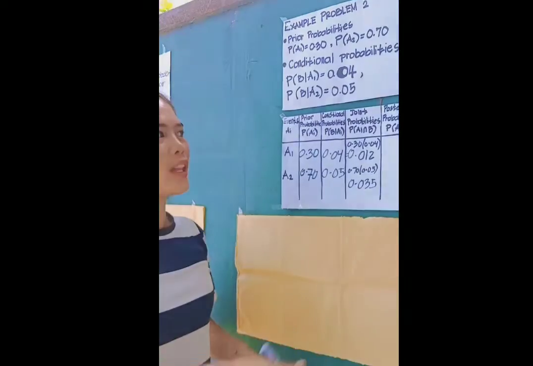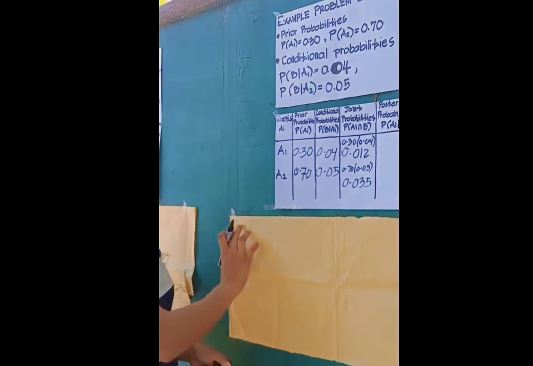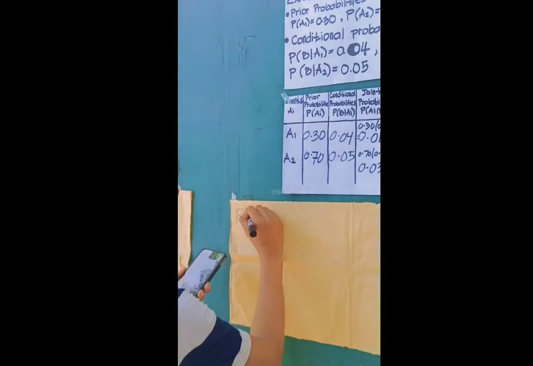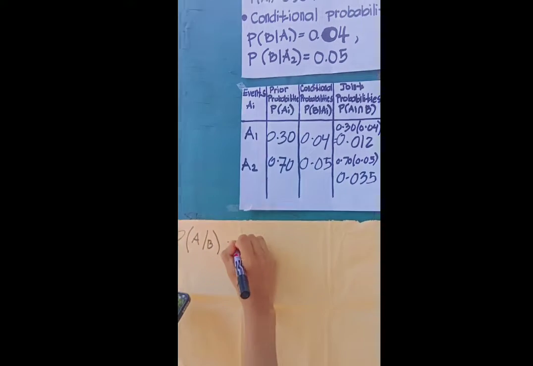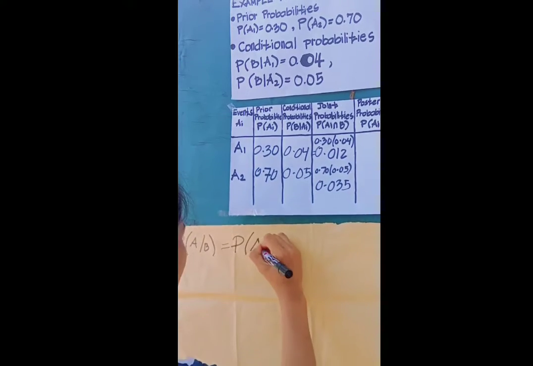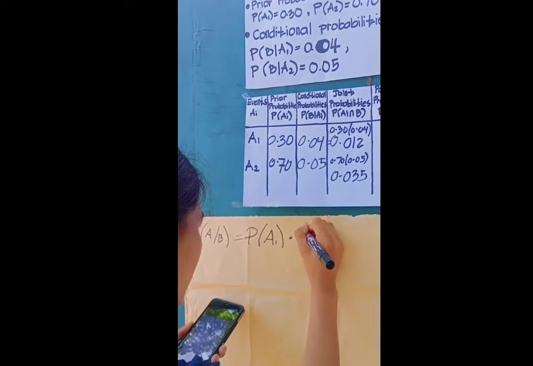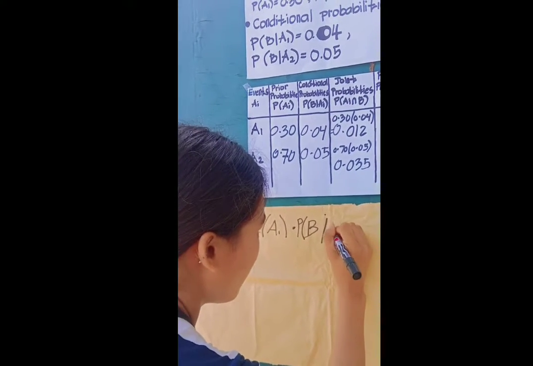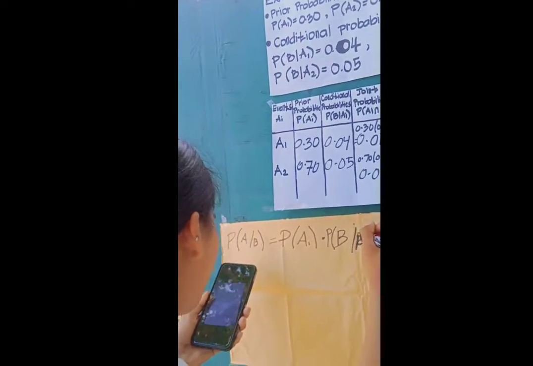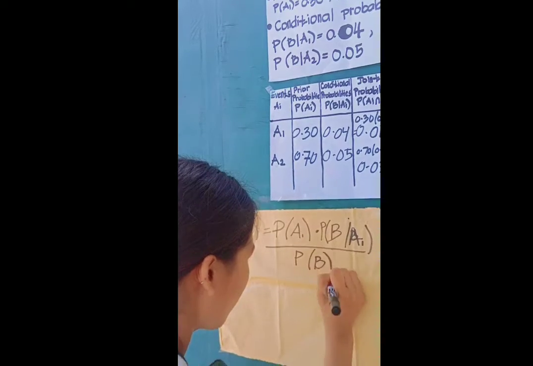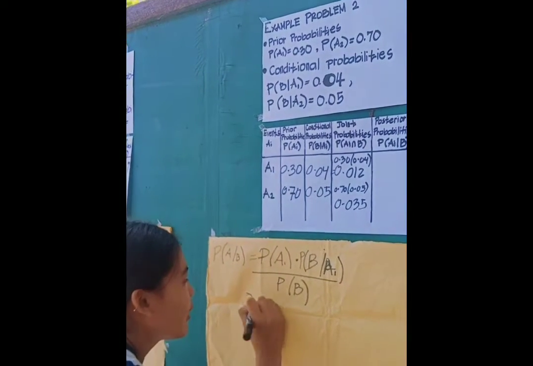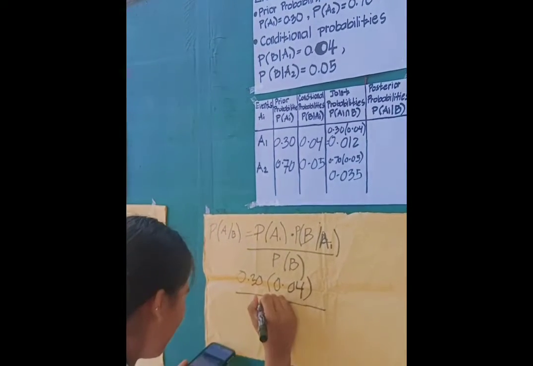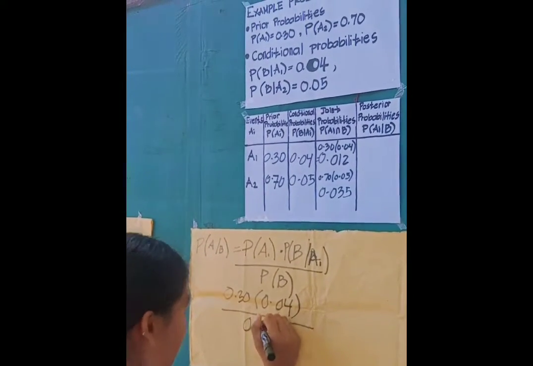Then to get the posterior probabilities, here's the formula. Then 0.30 times 0.04 divided by 0.047.